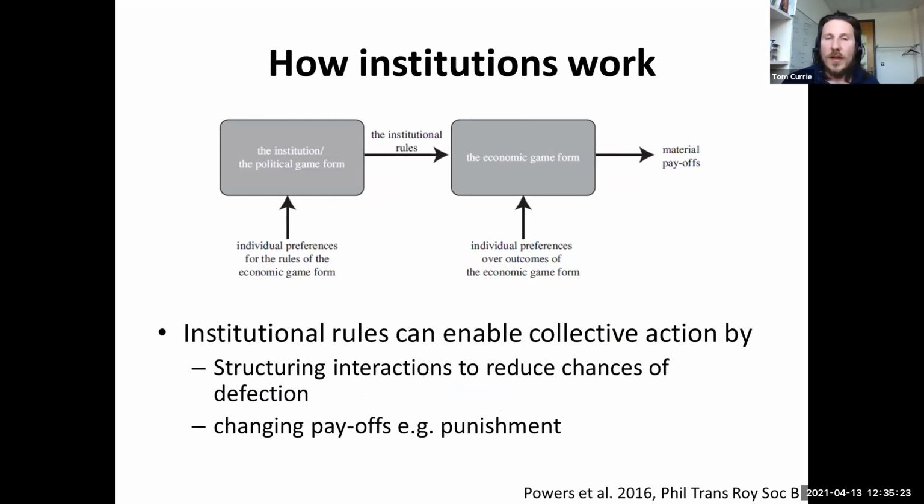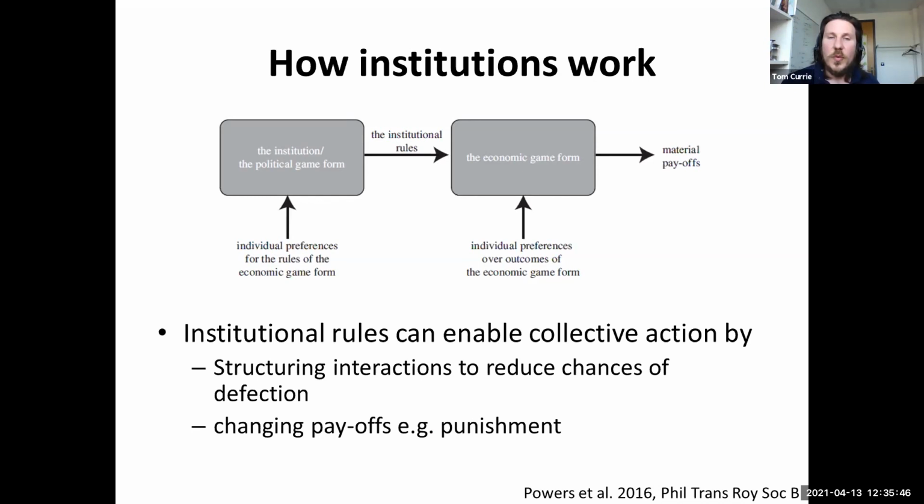So people like Simon Powers and Laurent Lehmann have argued a way to model institutions can be that if we think about institutions as a political game that happens before the economic game, we can model the process whereby humans create rules and understandings that affect the payoffs in that standard economic game.